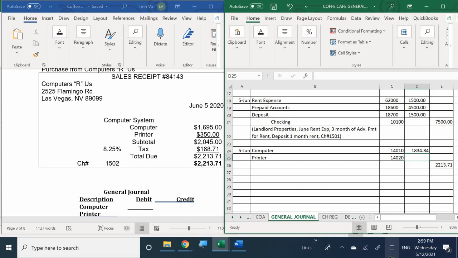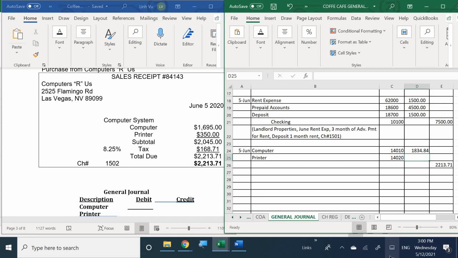When you're buying multiple items, you're taxing it as a total. So in this case, if you do the subtotal of the 2,045 and multiply it by the tax rate, you will get that 1 penny off. But if, let's say, you bought the computer separately and then you bought the printer, you're going to be charged an extra penny.